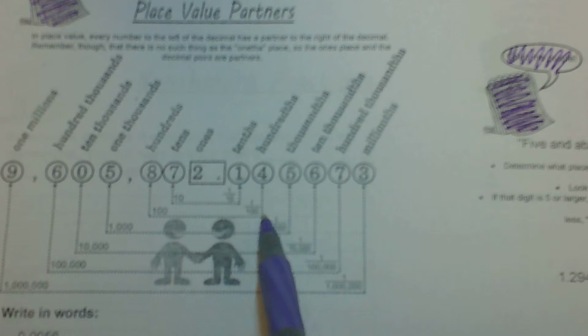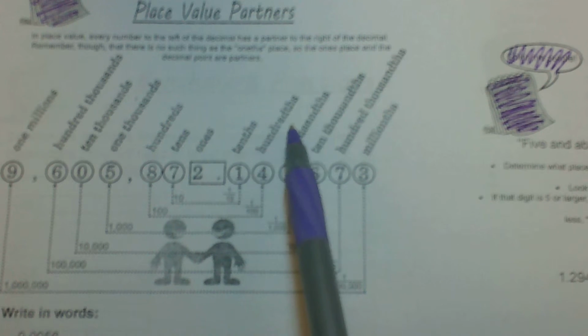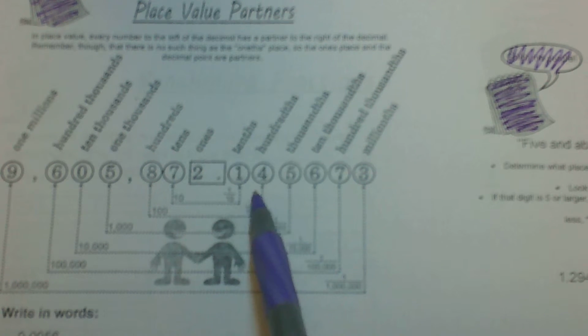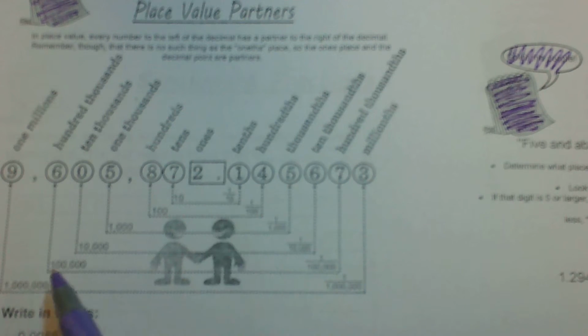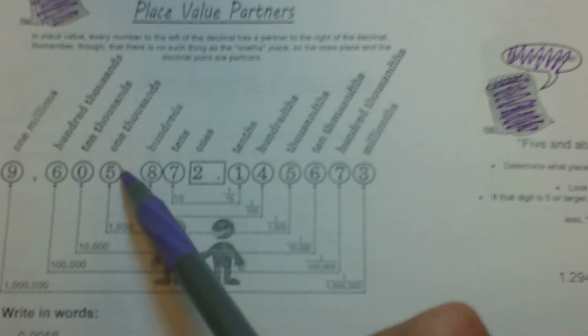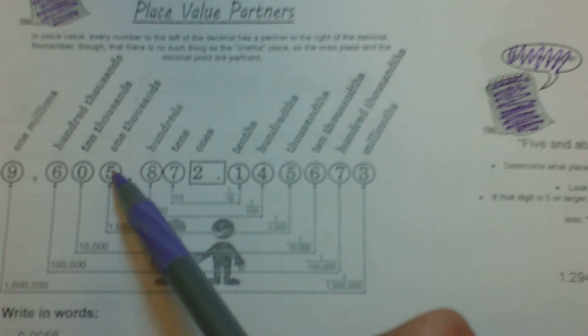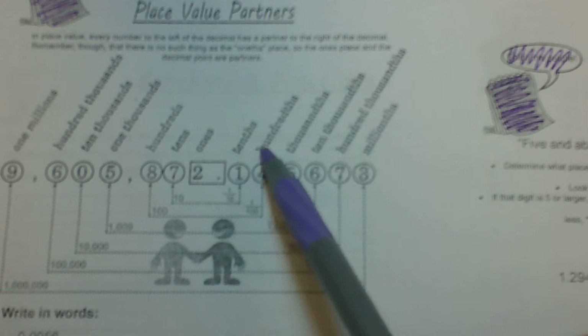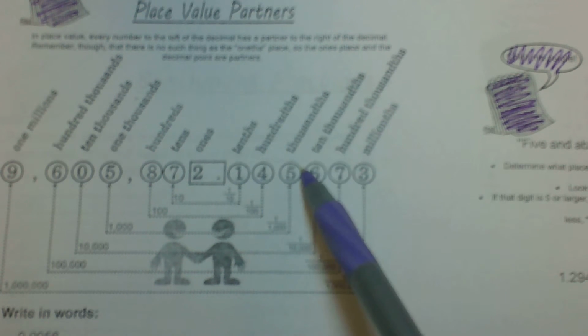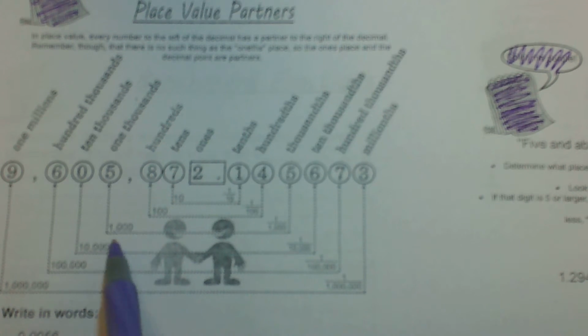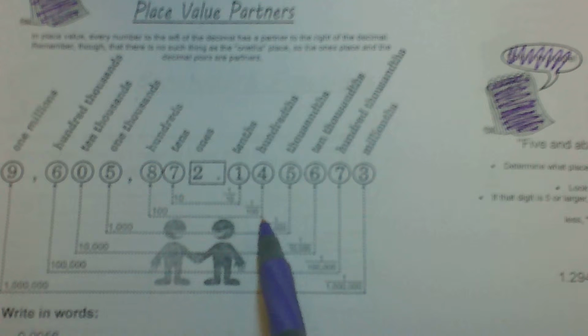And its partner is this 4 in the hundredths place. So you have hundreds and hundredths. Okay, one more time. If you go 3 places to the left of the box, you end up in the thousands place where the 5 is. And if you go 3 places to the right, you end up in the thousandths place where this 5 is. So thousands is partners with thousandths.